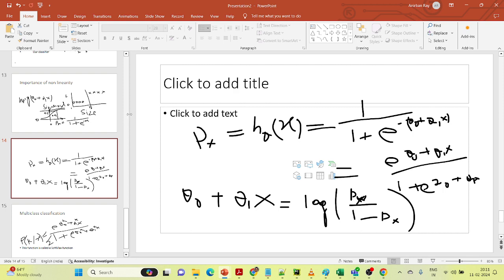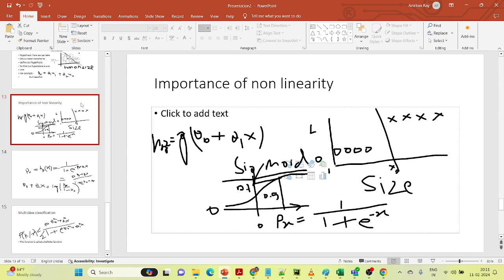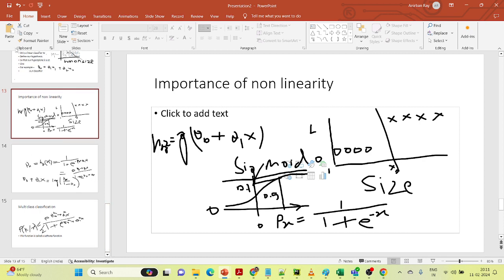Another thing to explain here is that there are various other non-linearities, actually quite important to explain.